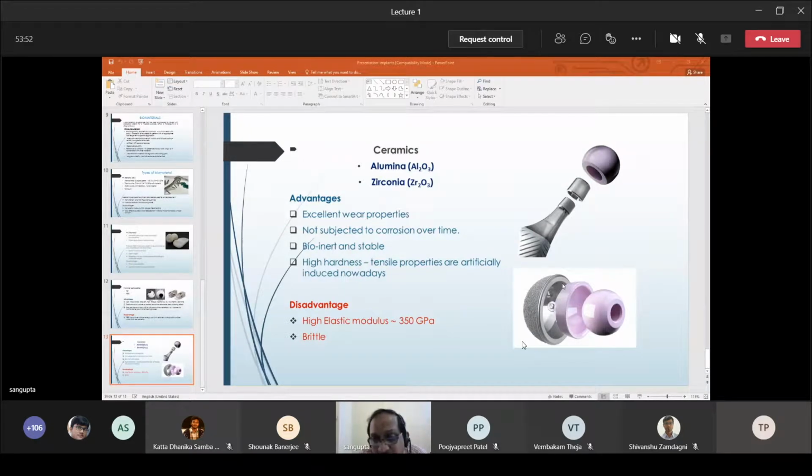So what the doctors do, even if there is a neck fracture, they remove the proximal part and they insert a prosthesis. And they have used uncemented prosthesis. Very, very successful.